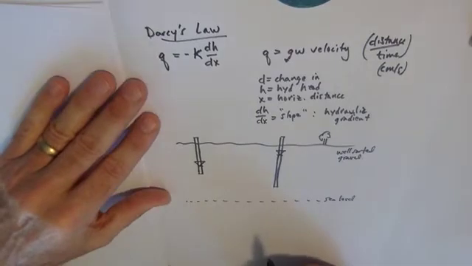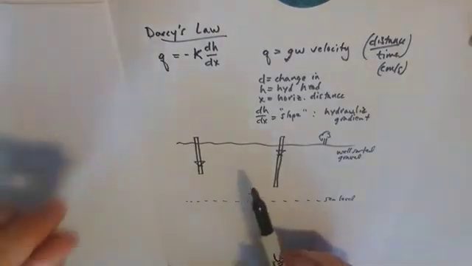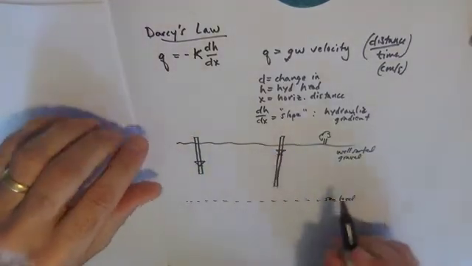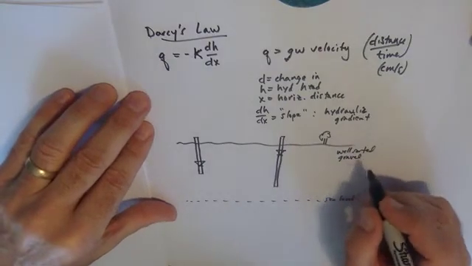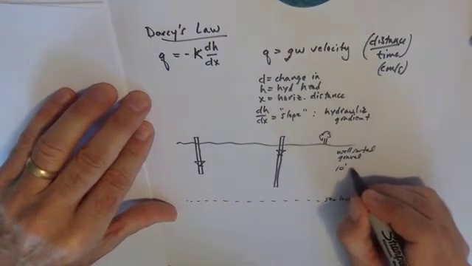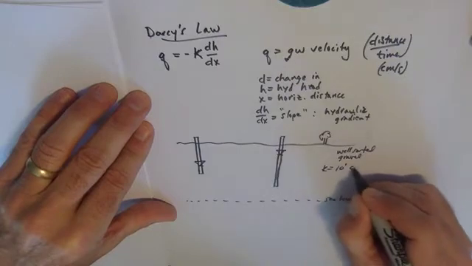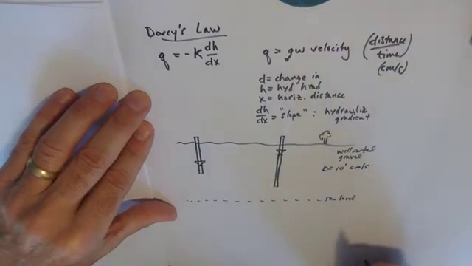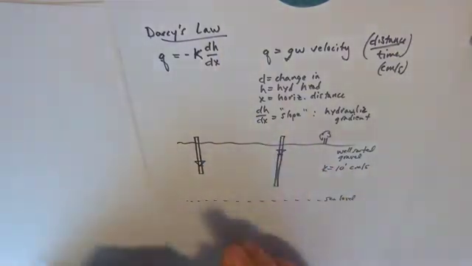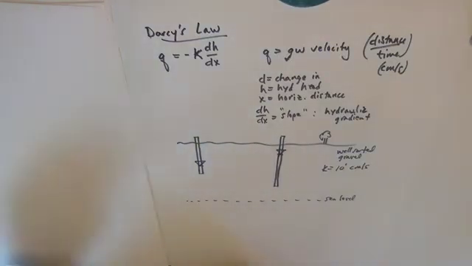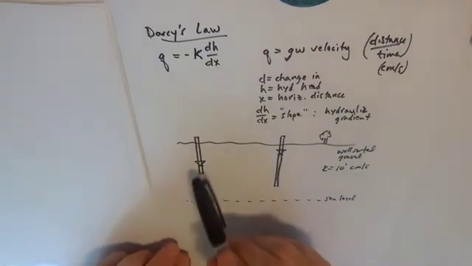Okay. So in order to calculate Darcy's law, we need the hydraulic conductivity. Well, the value for a well-sorted gravel, let's say, is 10 to the first centimeters per second. So that's easy. Now we need the dH and dx. So the first question we ask ourselves is, what is the hydraulic head in each of these two wells?